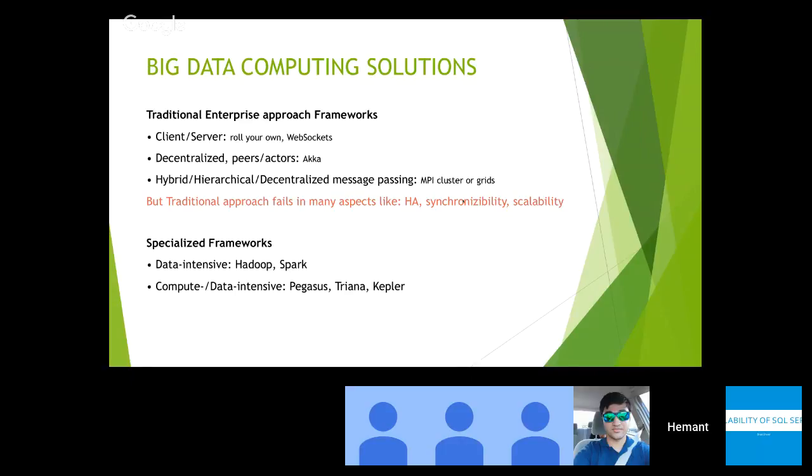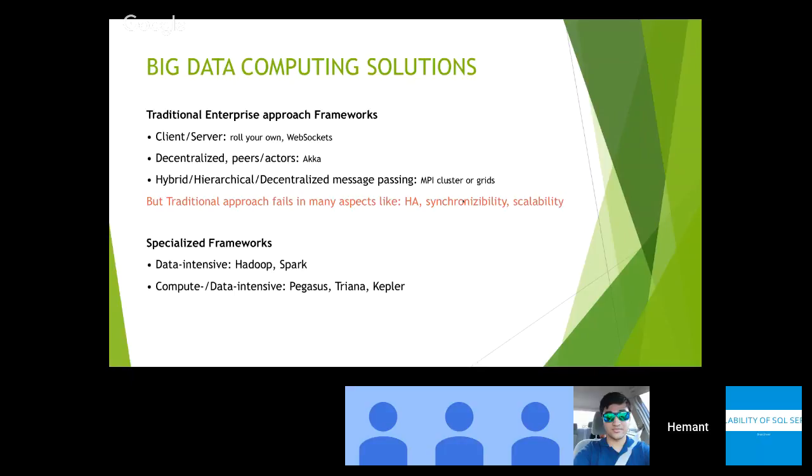Or we can have a decentralized peer actor system, a little better than client server, but it's still not very well managed, and state management is still a challenge there. And then we have a hybrid of hierarchical or decentralized message passing, like MPI clusters or grids, message passing interface clusters.